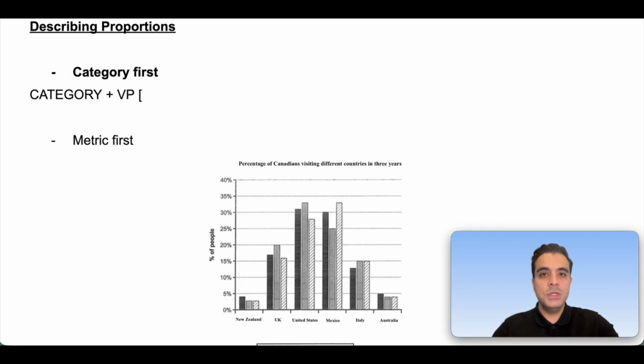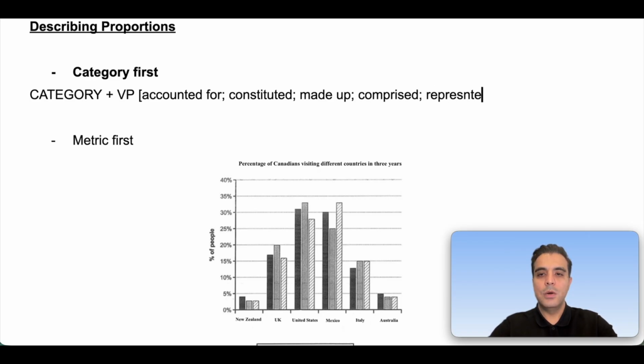Now, some useful verbs that you could use for describing this type of data include accounted for, constituted, made up, comprised, and represented. Notice that these verbs are stated in the past tense because in the majority of cases, you're dealing with data that's already been collected, and so you're describing it in the past tense.